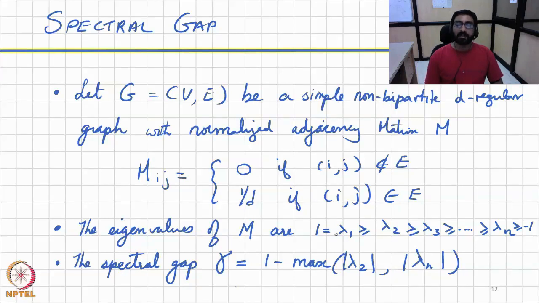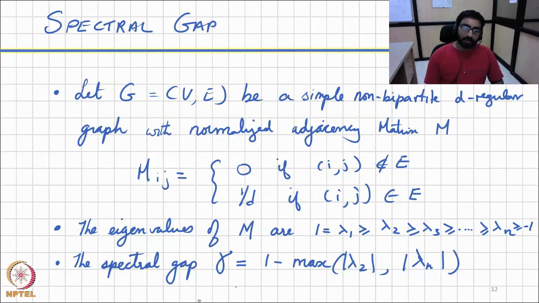The highest eigenvalue is going to be 1 itself, and the remaining eigenvalues are going to fall between 1 and -1. In fact, because this is a non-bipartite graph, the least eigenvalue is actually going to be strictly larger than -1.